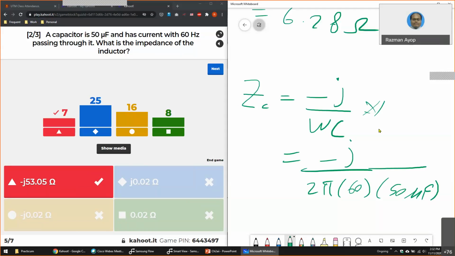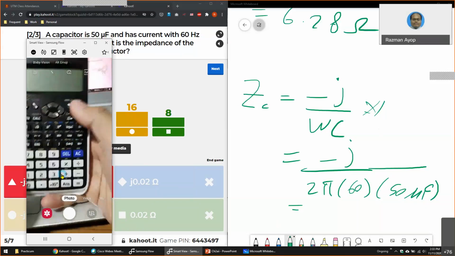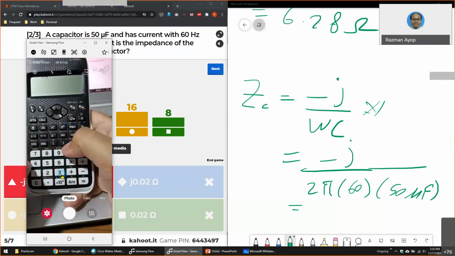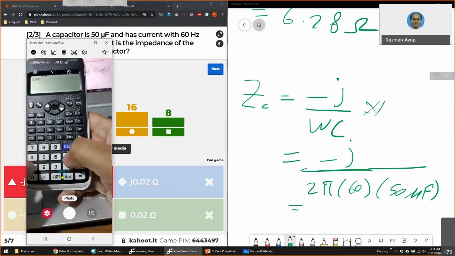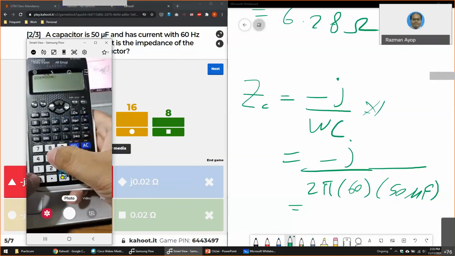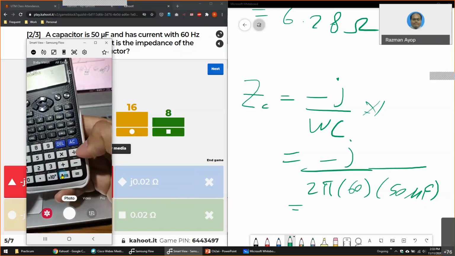So use your calculator. 2 pi multiplied by 60 multiplied by 50, 50 micro.